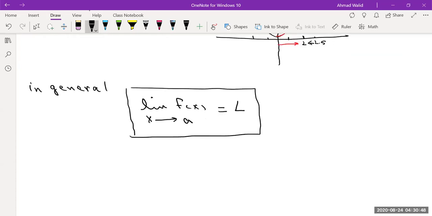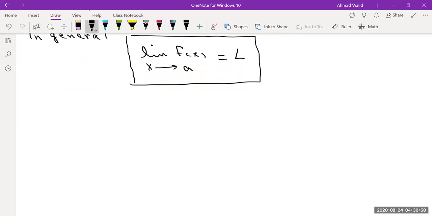Now, what does it mean? I'll write here the translation for you. How to read first. We say the limit of f of x. This is how you read this.